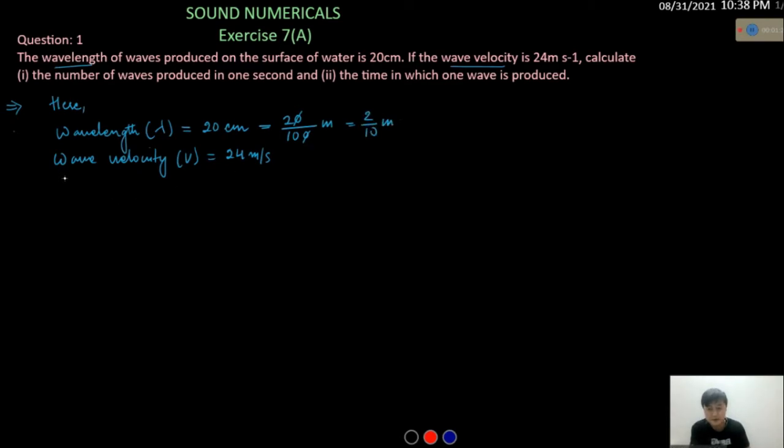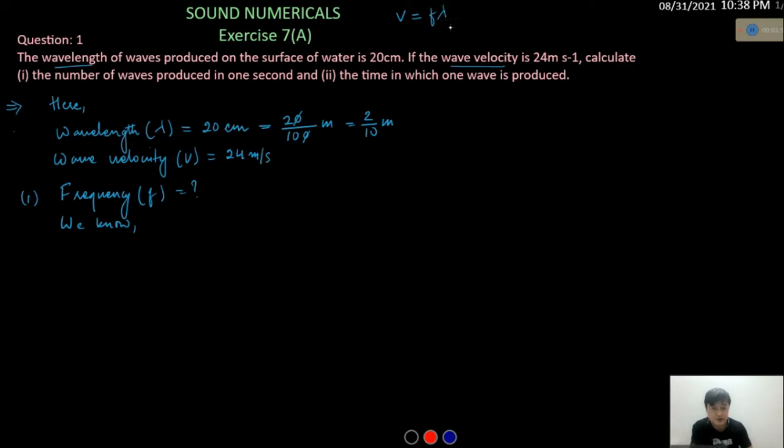Okay. Now we need to find number 1. The question is, what we have to find: the number of waves produced in 1 second. So waves produced means frequency. Frequency f is equal to how much? We have to know the relation of frequency, wavelength, and lambda. So we know that wave velocity is equal to frequency into lambda, that is wavelength.